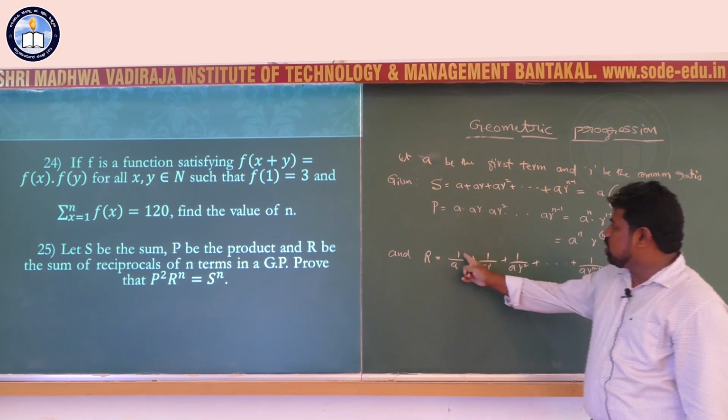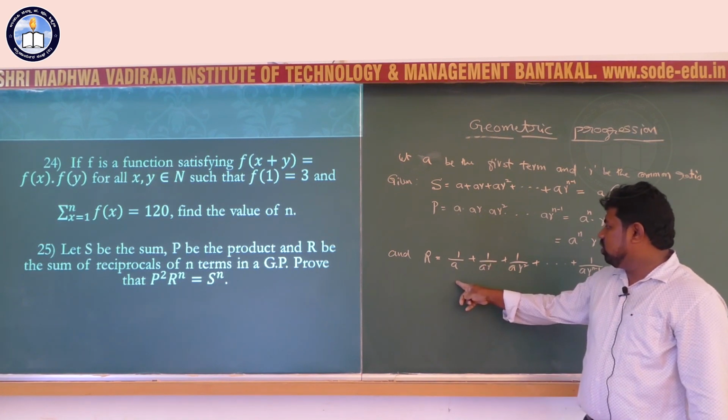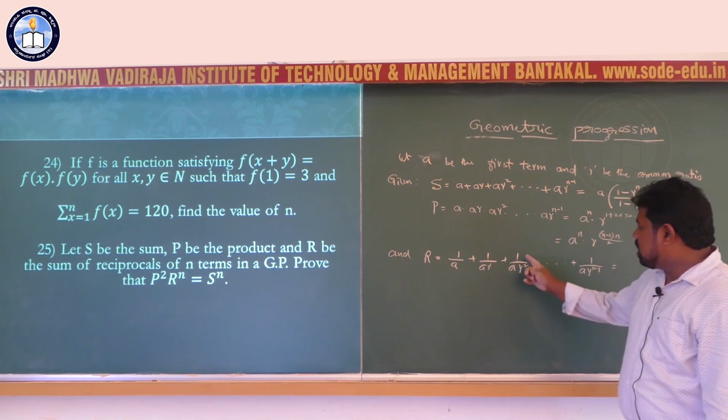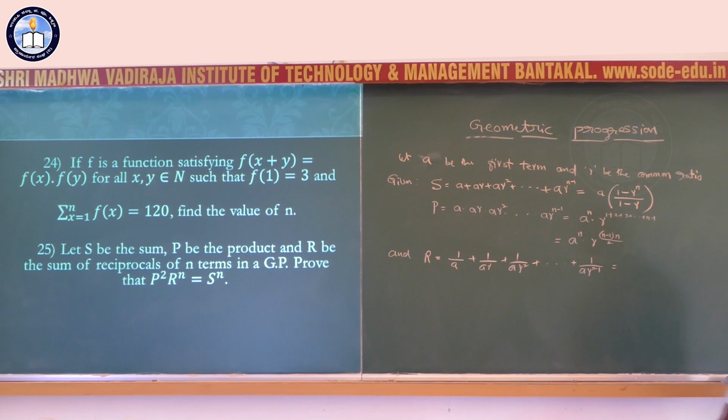Here first term 1 by A and common ratio 1 by AR divided by 1 by A, that is 1 by R. 1 by AR square divided by 1 by AR is also 1 by R. Therefore, this series is in geometric progression with the first term 1 by A and the common ratio 1 by R. Therefore, that is equal to 1 by A into 1 by R power n minus 1 divided by 1 by R minus 1.